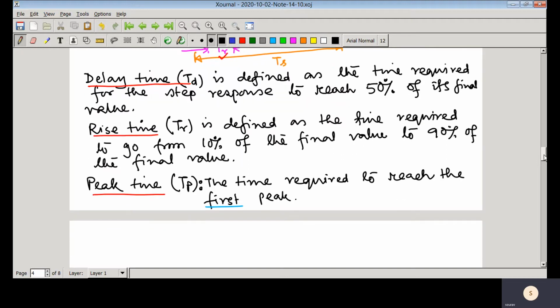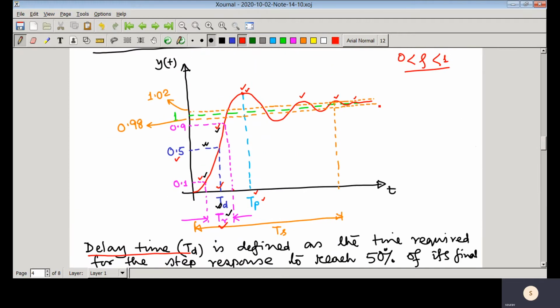We have another definition that is called the settling time. Settling time is denoted as TS, and we can see here that we have taken a band of plus minus 2% with respect to the final value.